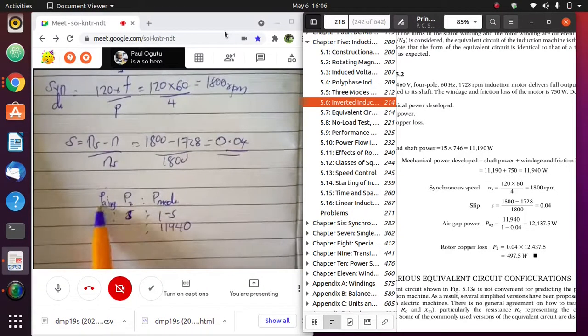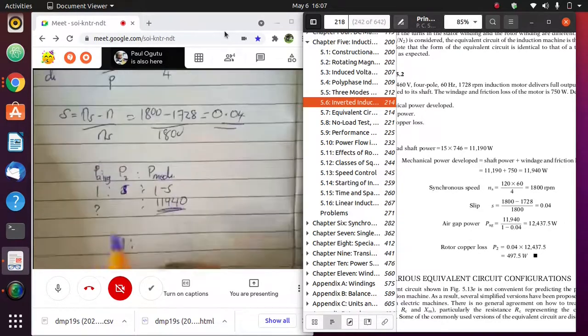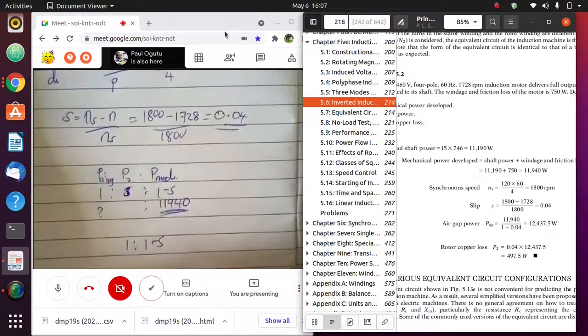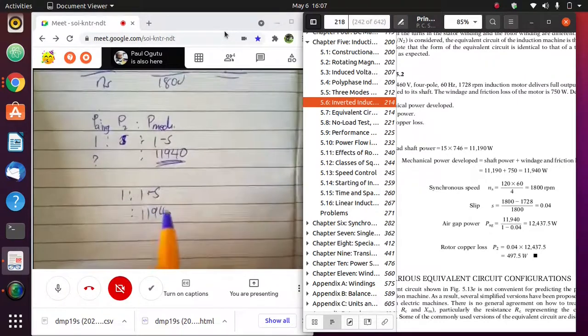Remember that the ratio of the air gap power, the copper loss power, and the mechanical power is 1 is to S is to 1 minus S. And we already have the value of the mechanical power. So we can calculate the air gap power using this ratio. So 1 is to 1 minus S should give me the air gap power.